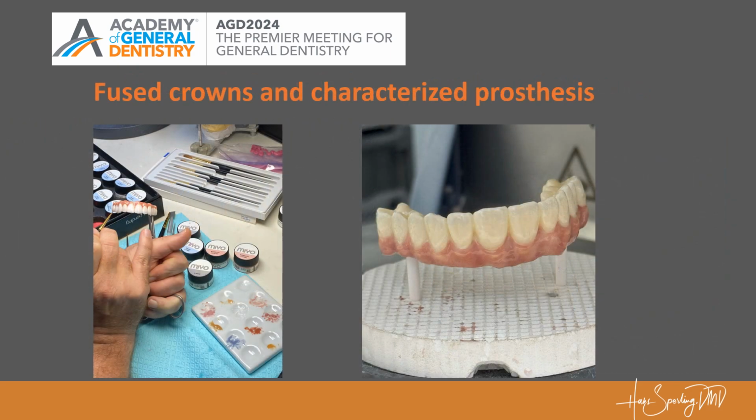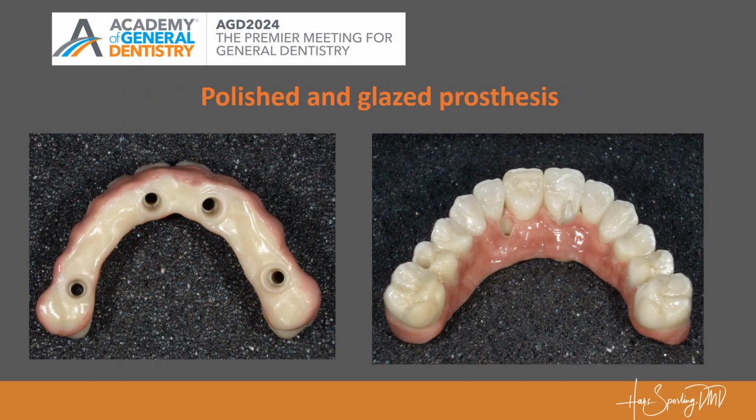And then we go to the lab. The 4 crowns are not cemented, they're fused to the framework. And we fuse them just by placing glaze on our crowns and putting it back in the zirconium oven. Now, I love the Mio porcelain by Jensen, and we can characterize our prosthesis with this porcelain and make it look absolutely gorgeous.